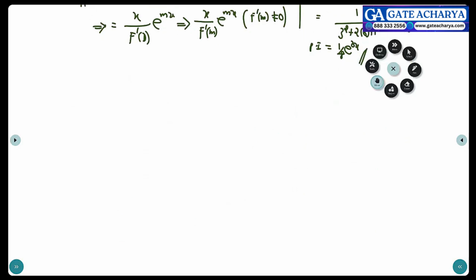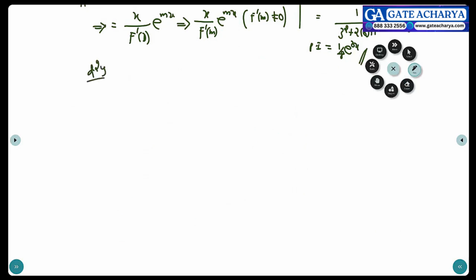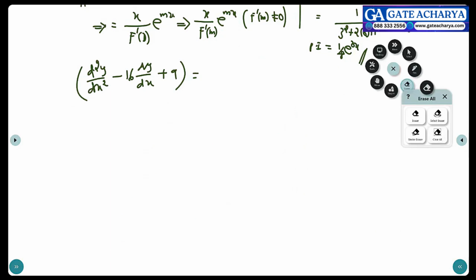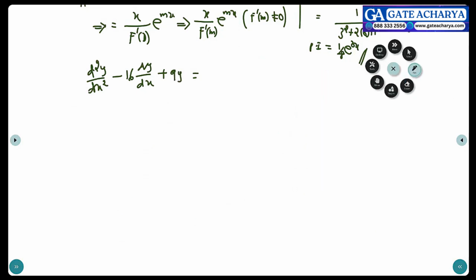Okay, find the particular integral of d square y by dx square minus 16 dy by dx plus 9 into y is equal to e power 3x.